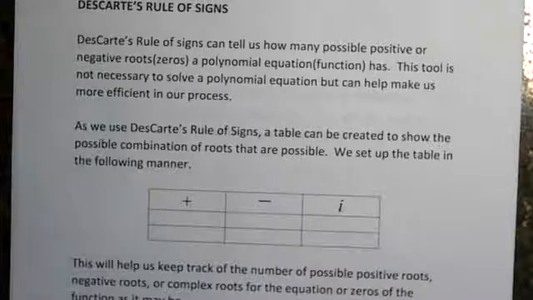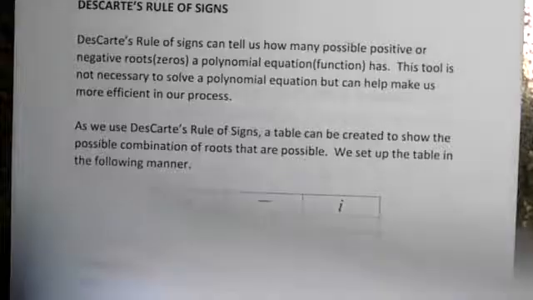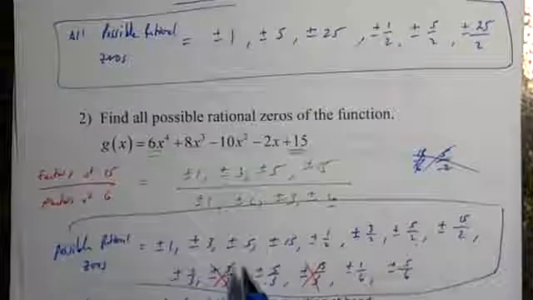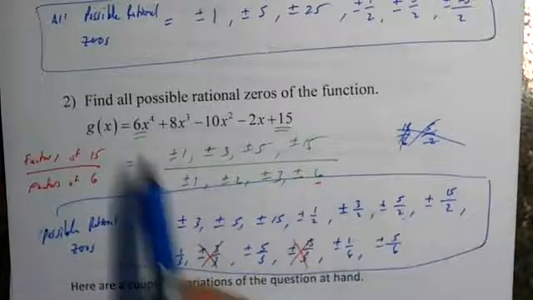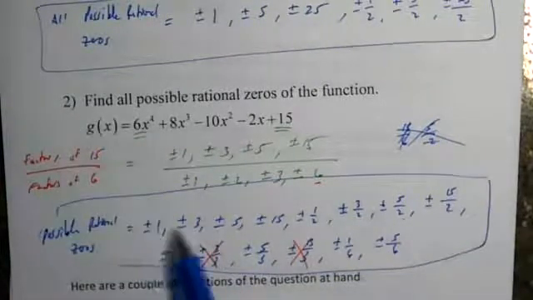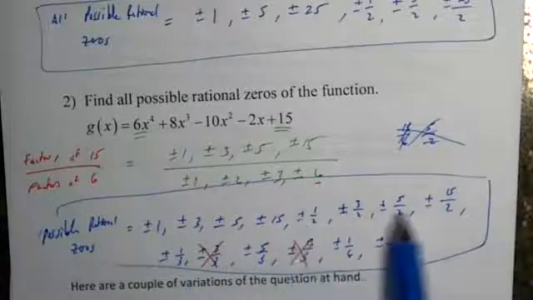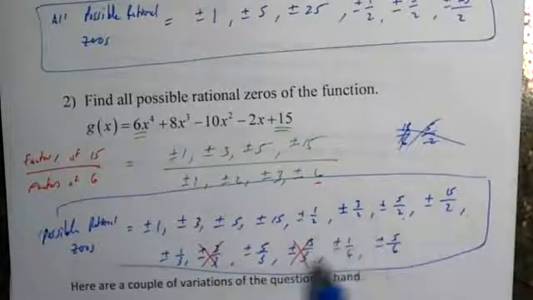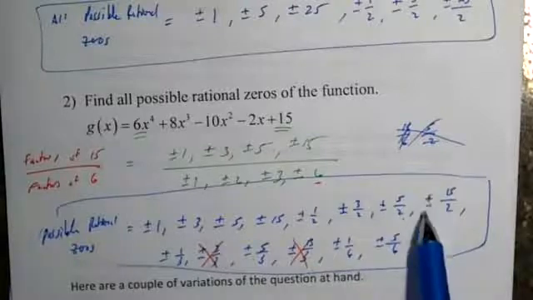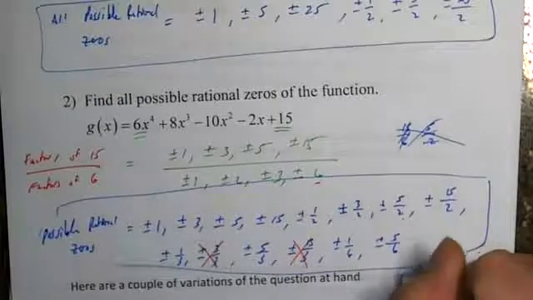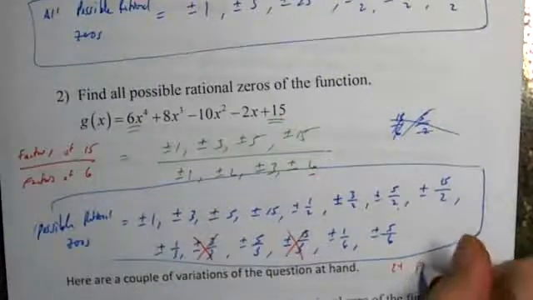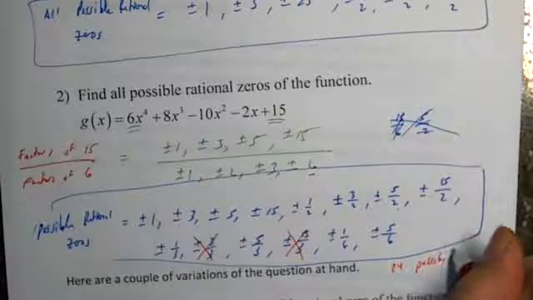Okay, like I said, you're going to be listing all possible rational zeros. For example, this one. These are all the possible rational zeros for number 2. 1, 2, 3, 4, 5, 6, 7, 8, 9, 10, 11, 12 times 2, because it's plus or minus. There are 24 possible zeros here. This is 24 possibilities.